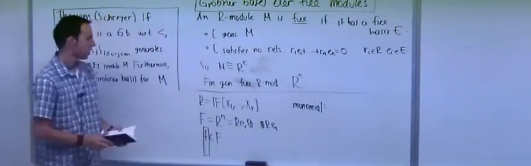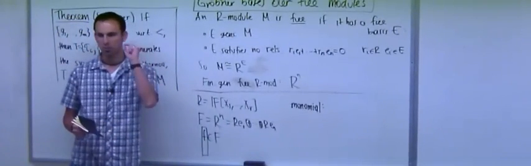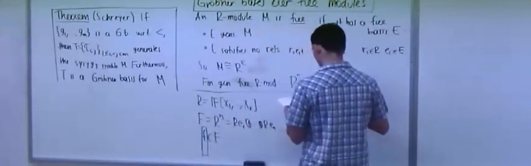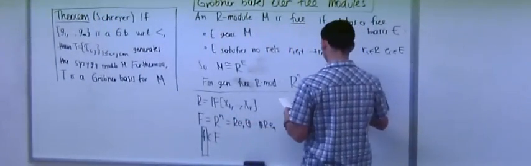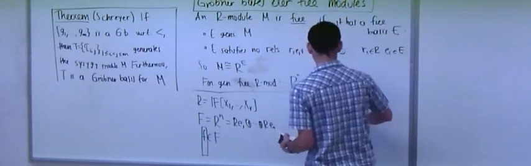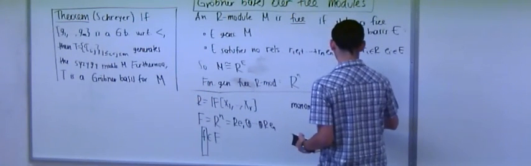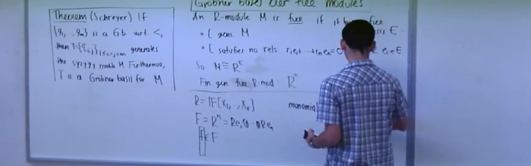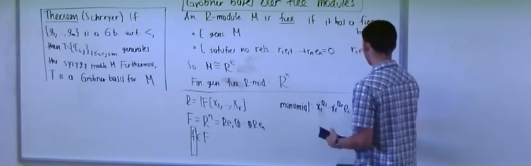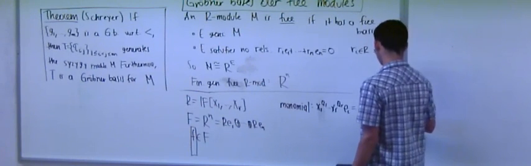And so a monomial is going to be something that is a monomial in one of the coordinates and 0 everywhere else. So a monomial is something like x1 to the a1 up to xr to the ar times e sub i. And so this is just a usual monomial in our polynomial ring times a unit vector.